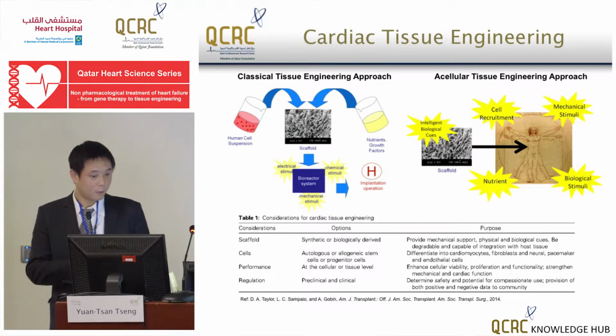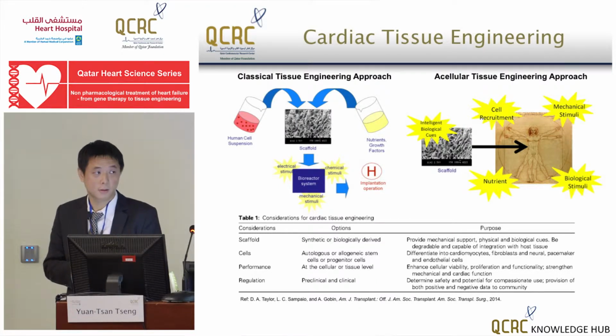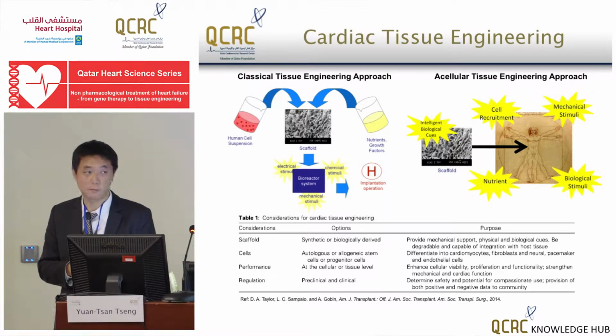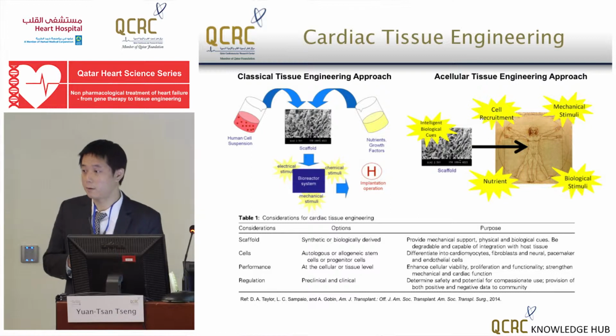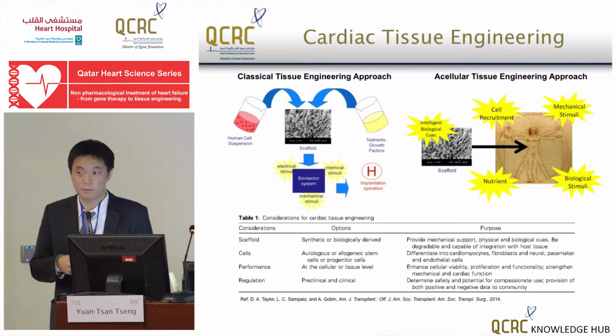One of the main considerations in tissue engineering, as I mentioned, is the scaffold, and this supports in terms of mechanical, physical, and biological cues. And cells, as we heard from our previous talks from Pfizer and Professor Yakub, there are various types of stem cells, and actually Dr. Miller.